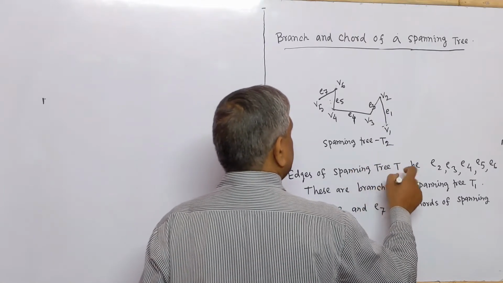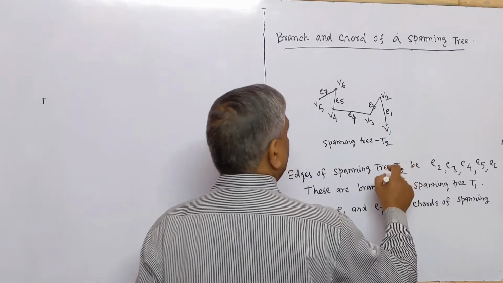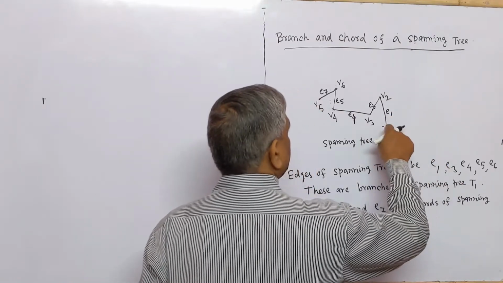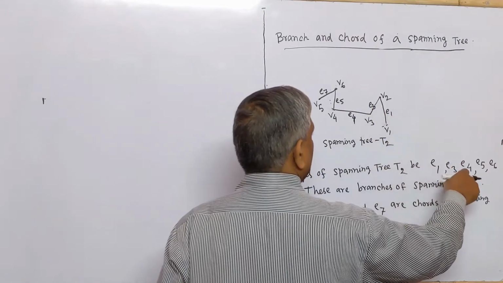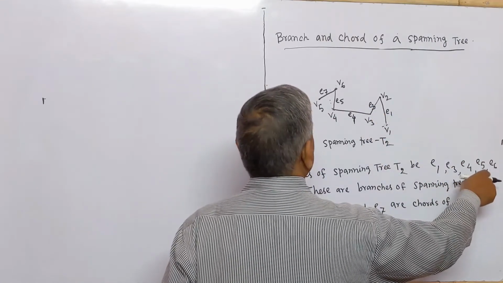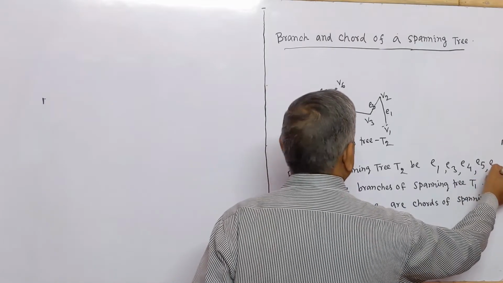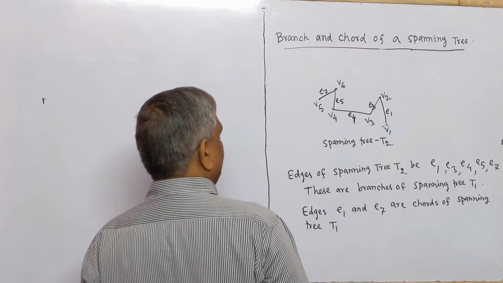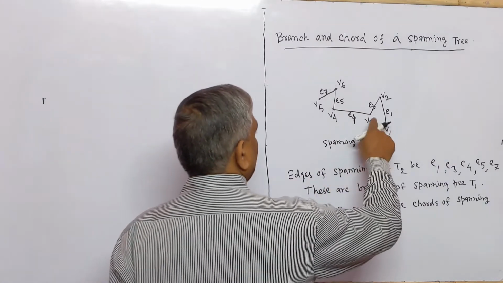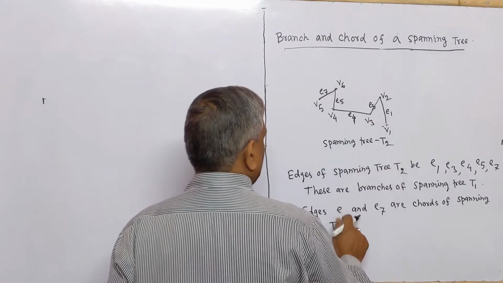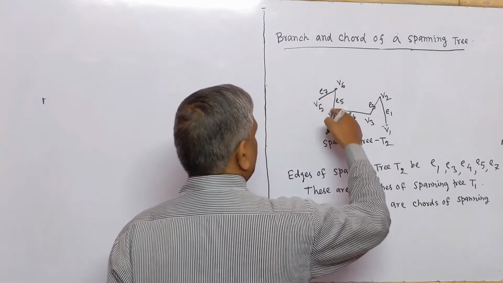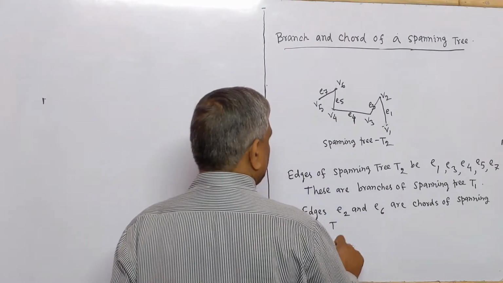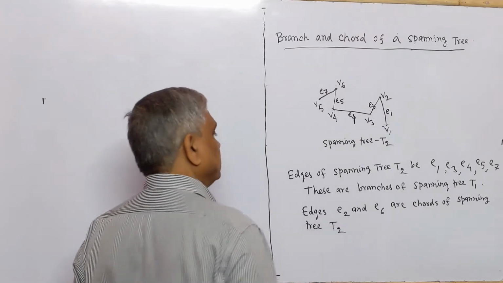Edges of spanning tree T2 will be E1, E3, E4, E5, E7. We have deleted E2 and E6, and these deleted edges are chords of the spanning tree T2.